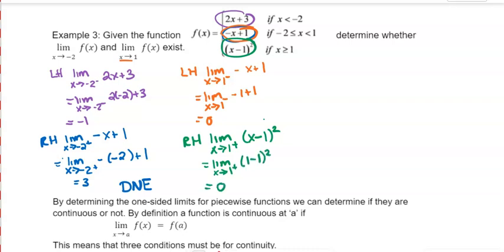And this one will also equal 0. So now we can make a concluding statement here that the limit x approaching -2 of f of x does not exist, but the limit of x approaching 1 of f of x is equal to 0.